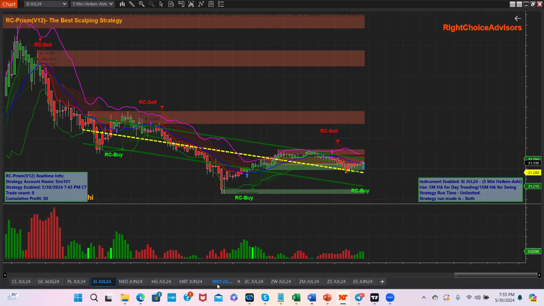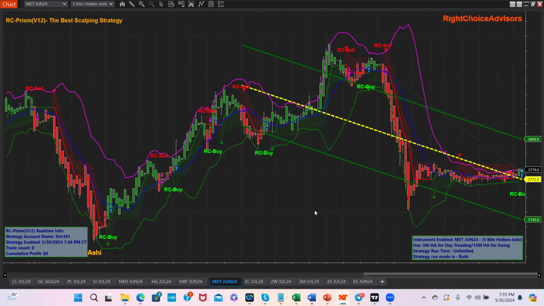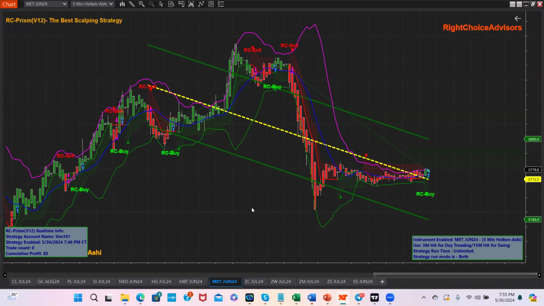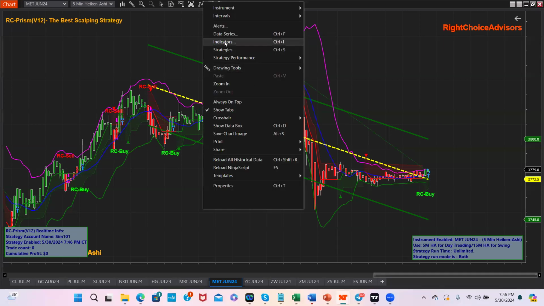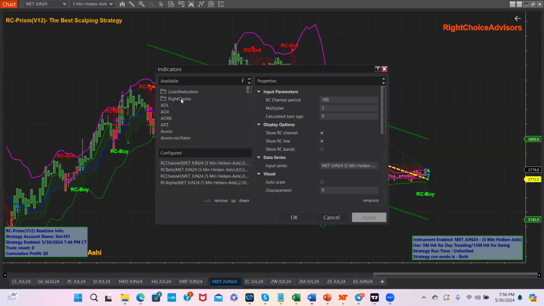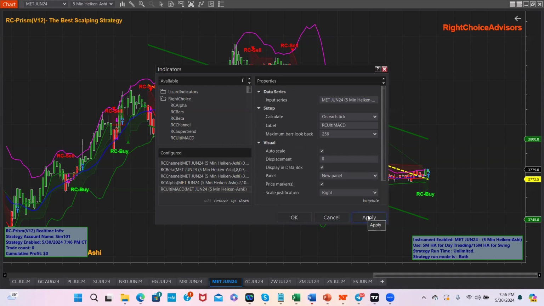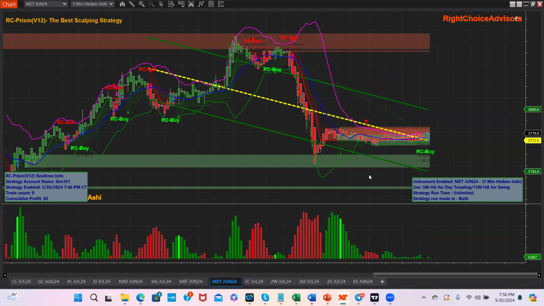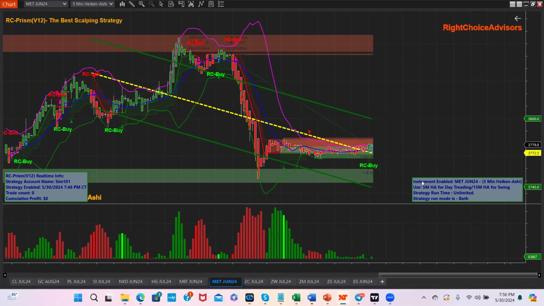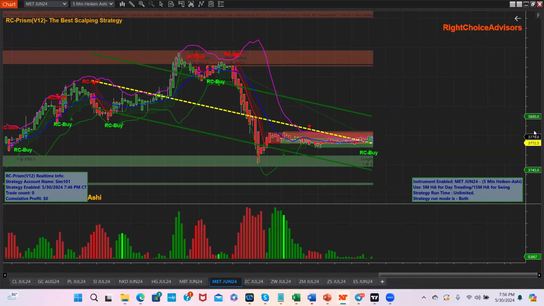Let us look at MET, right? Overall MET is bullish. Let me add. So again, we got a buy signal.